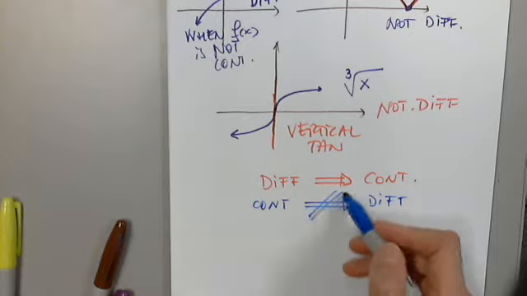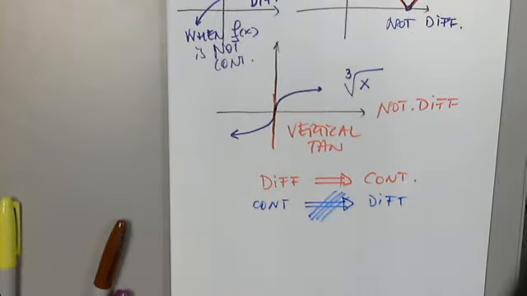No. This is false. If I'm told the function is differentiable everywhere, it's continuous everywhere. If I'm told that the function is continuous everywhere, I cannot conclude that it's differentiable. As long as it does not have cusps and corners and vertical tangents, then it is. But I have to check that.